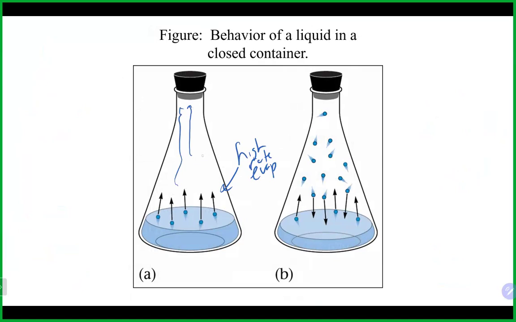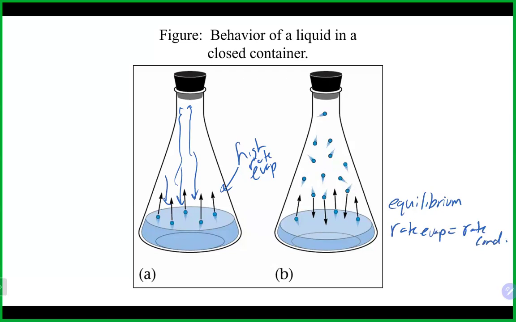So we're going to get some coming back, going through evaporation and then condensation. And eventually what will happen is this liquid will reach equilibrium. What that means is the rate of evaporation will equal the rate of condensation. And just as quick as it goes out of solution, it will go back into solution.